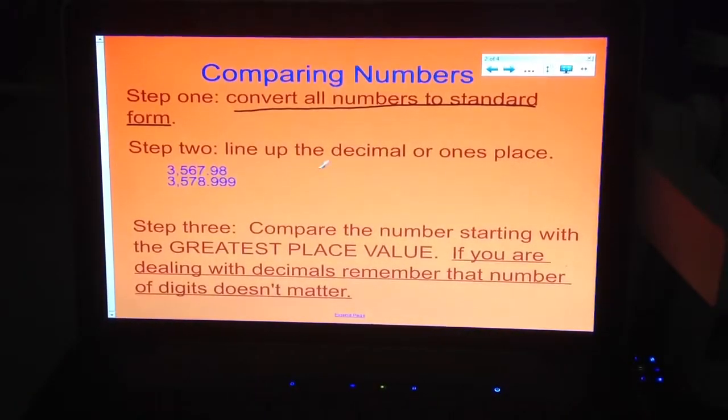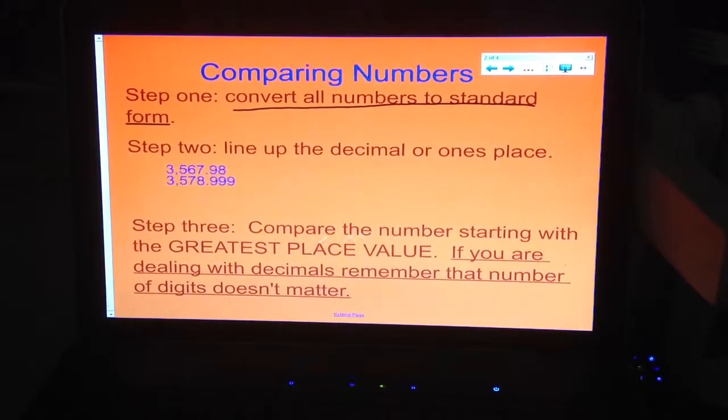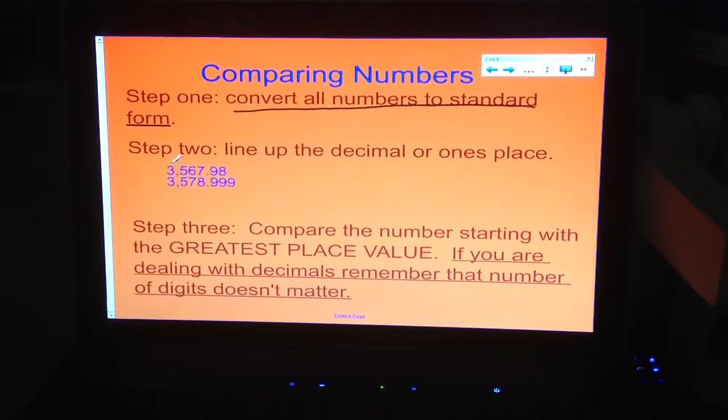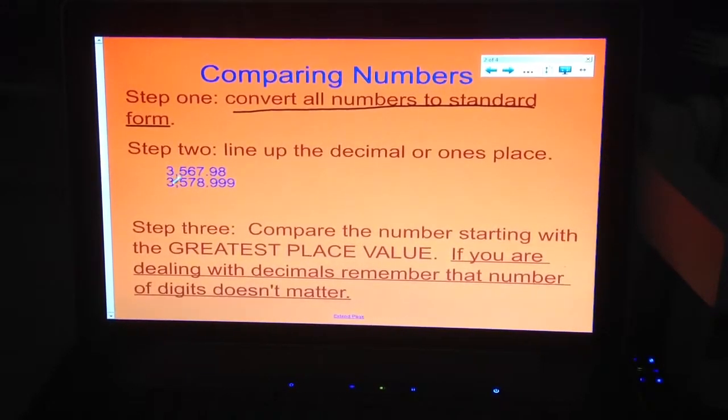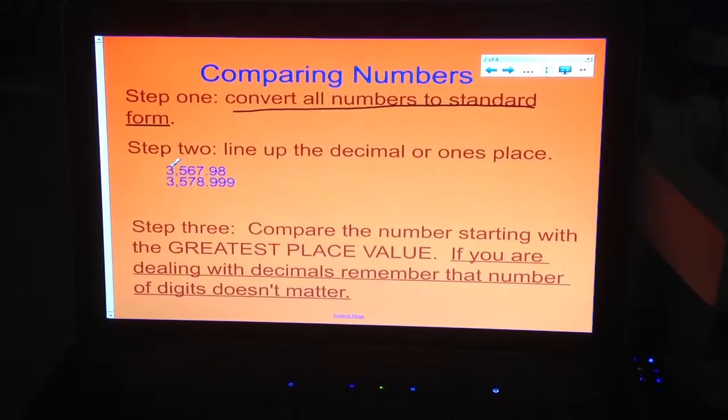So now that I have them lined up, I'm going to start with the largest place value. Okay? So in this case, the largest place value I have is 3. Because it's the same, I'm going to keep moving right until I find one that's larger. So the thousands place is the same. I can't determine which one's greater than yet.